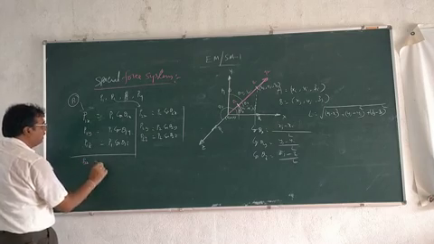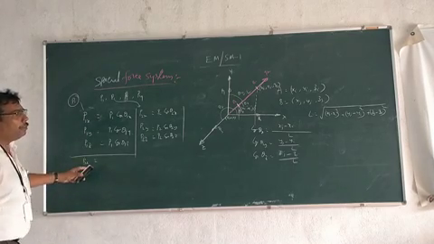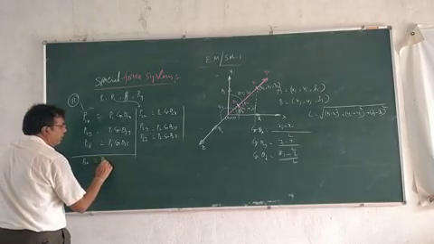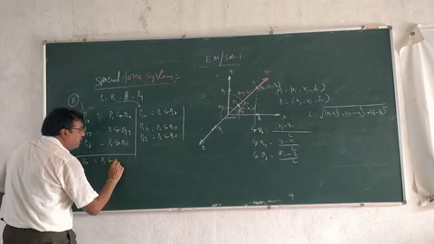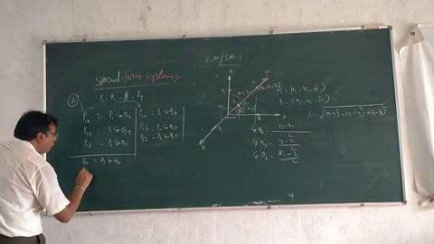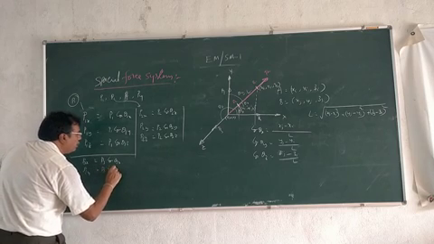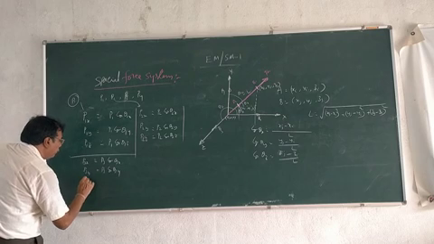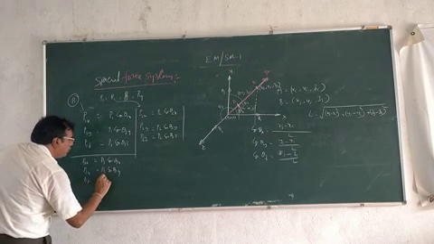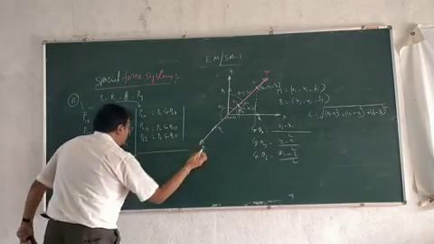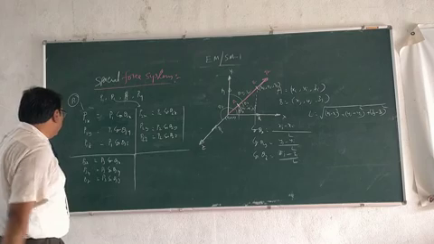P3x is the x component of P3: P3 cos theta 3x. P3y is P3 cos theta 3y. P3z is P3 cos theta 3z. Next, components of P4.